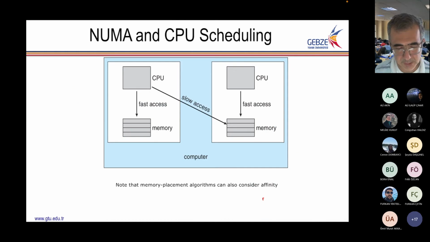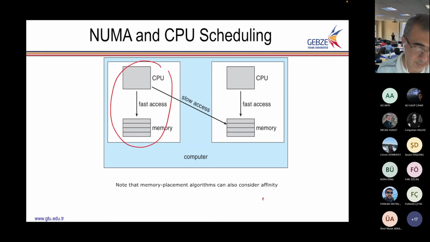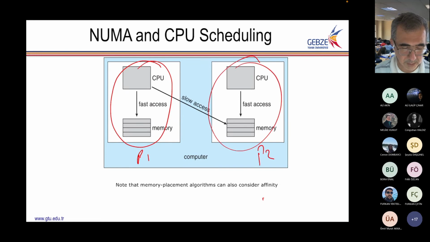One example here about the affinity. This system executes P1. This system executes P2. This CPU has more relations with P1 because P1 is residing in memory 1. So this CPU is running P1. This CPU is running P2.